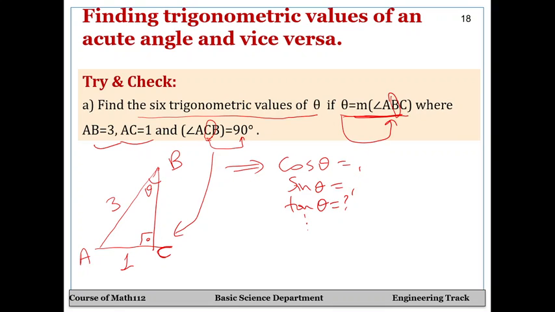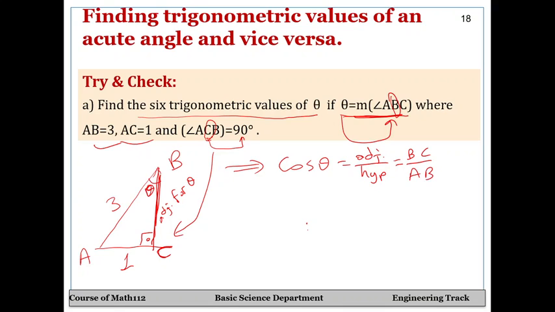Now for cosine theta, we need the adjacent side divided by the hypotenuse. Look here, what is the adjacent side for theta? This is the adjacent side for theta, so we need to find BC. So this is BC over AB, which will be the cosine theta.